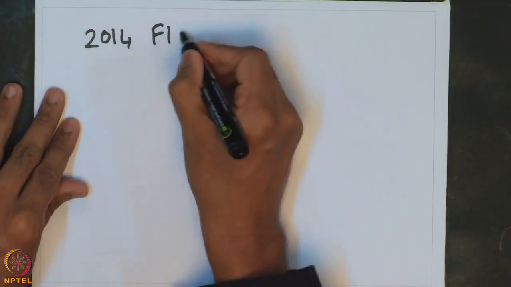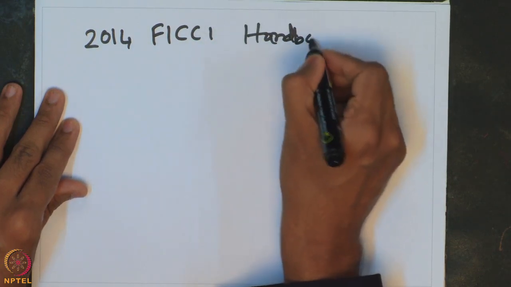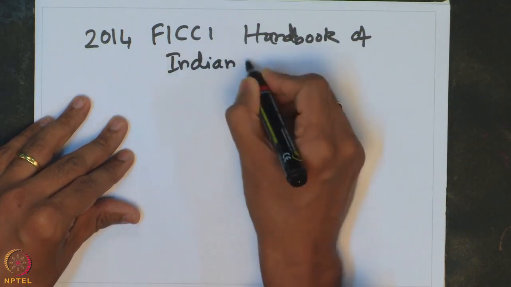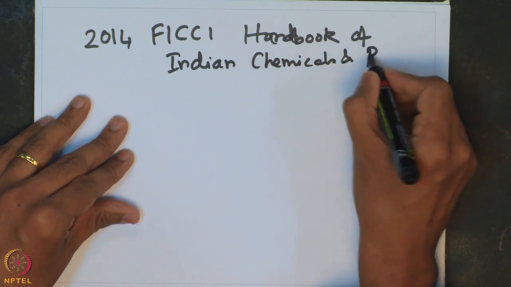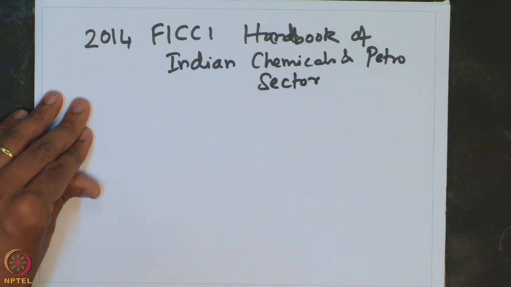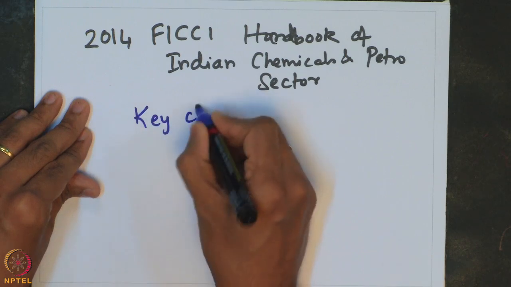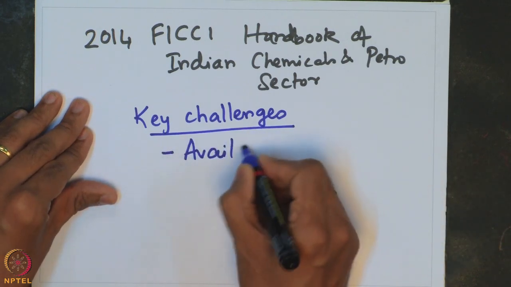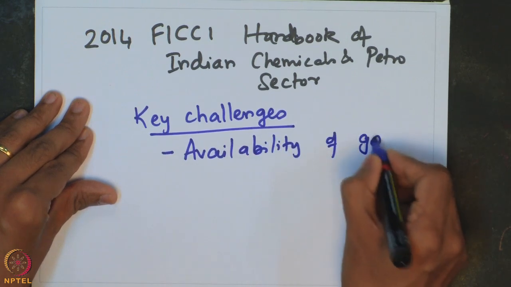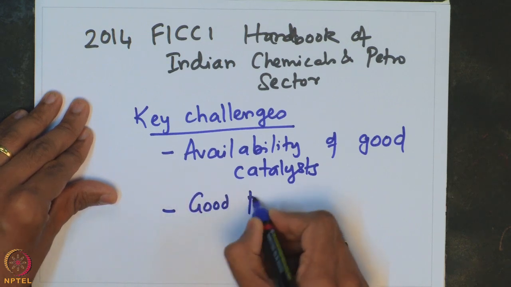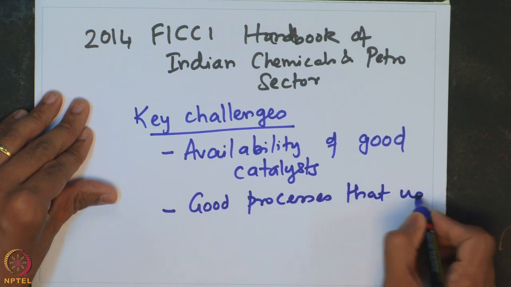So, the 2014 FICCI handbook released by the government, the FICCI handbook on Indian chemicals and petro sector, observes that the key challenges faced by these industries are the availability of good catalysts and good processes that use these catalysts.